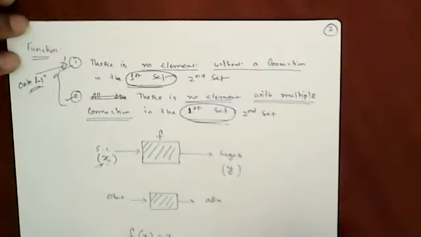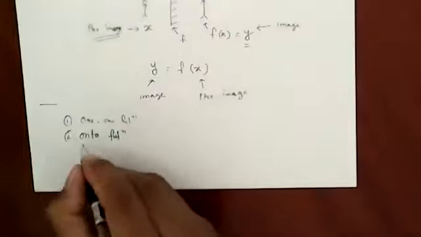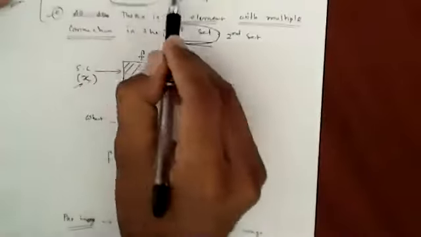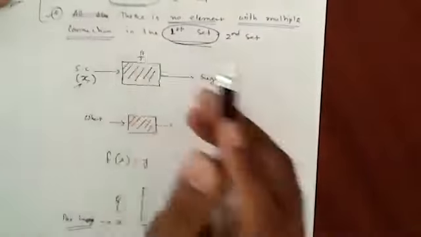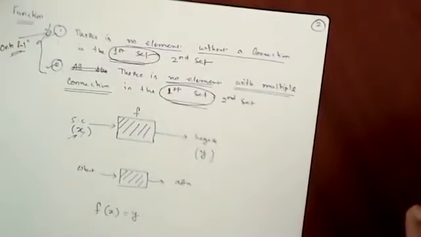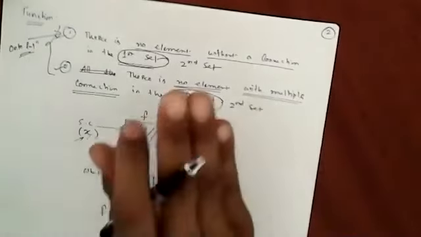The second one, the onto function: if there is no element without a connection in the second set, then it will be an onto function.